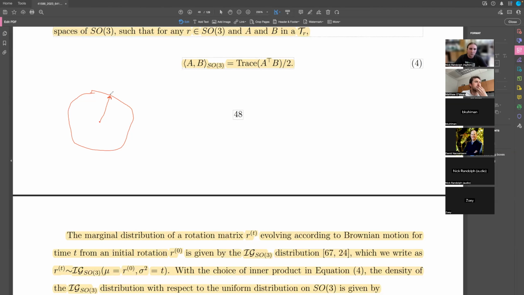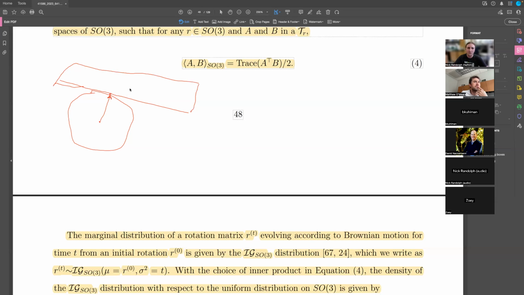This represents a point on the sphere, and if we travel around on the sphere, we get a bunch of different axes we're rotating around. We can define the tangent space, which is a generalization of the tangent line. For this manifold, it's going to look like a plane, like a piece of cardboard laying on top of our ball. This is going to be our tangent space at this point here.